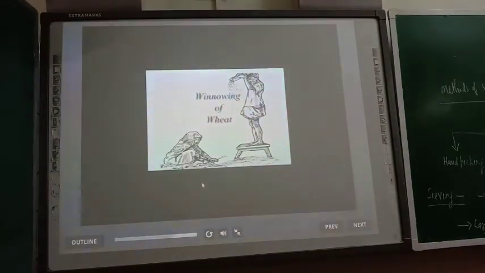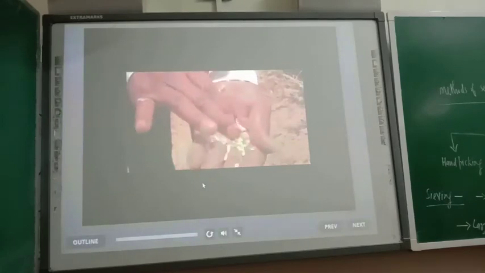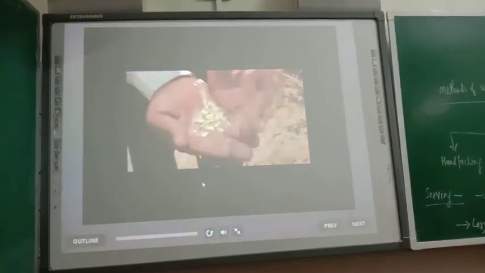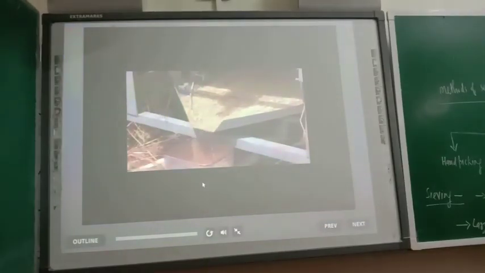Winnowing of wheat. Winnowing is used to separate the heavier and the lighter components of a mixture by wind or by blowing the air. Today, in the industrial world, it is done mechanically. This method is commonly used to separate the lighter husk particles from the heavier grains.